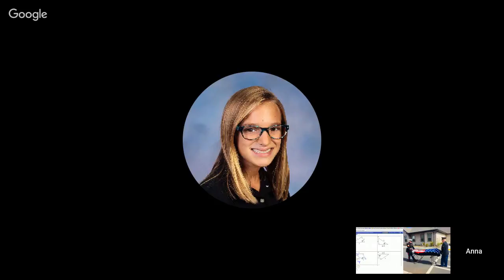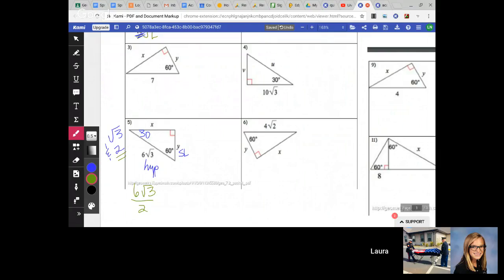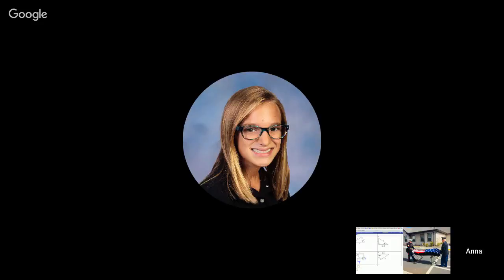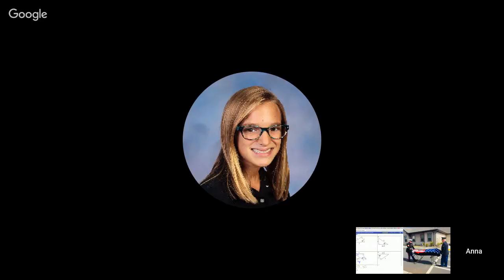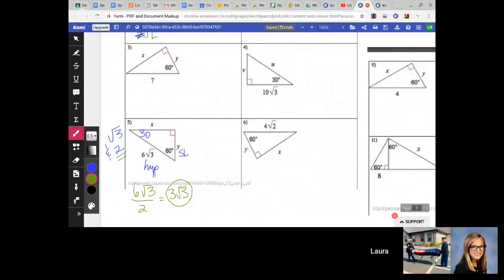Yes. So 6 root 3 divided by 2. What happens there? 3 root 3. That's right. So that is Y, your short leg. And then, like I was saying, that's like your home base. That's where you always want to start.